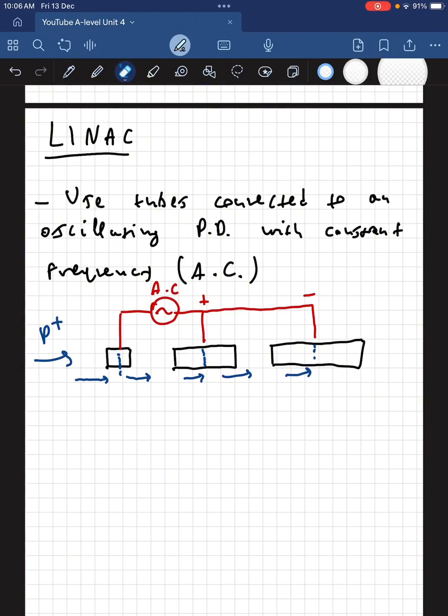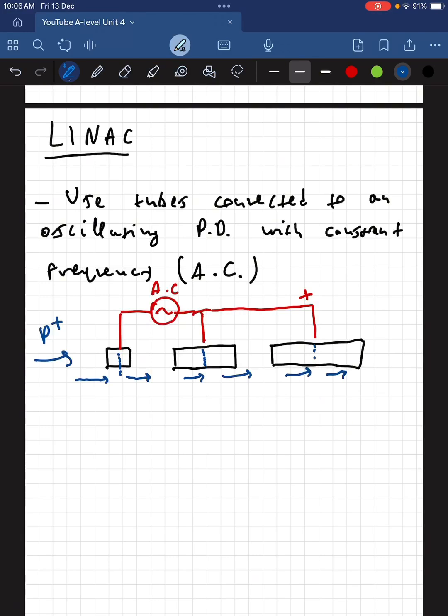And once it makes it to the middle of the third tube, we switch the polarity again. I mean, we don't really switch it, it's switched automatically since this is an AC voltage, okay? So this becomes, what do we need it to be? Positive, to push the proton away again, and so on and so forth, okay?